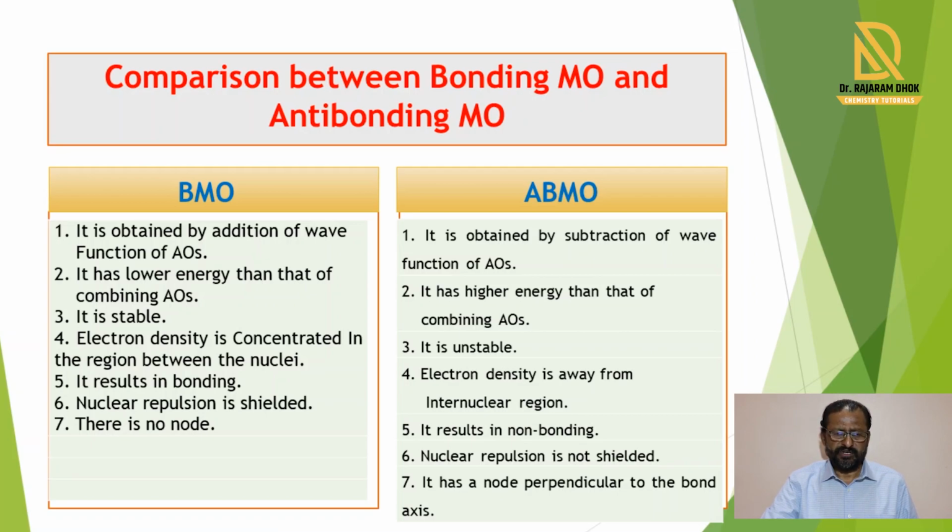Bonding molecular orbitals are formed by addition of the functions of atomic orbitals, while anti-bonding molecular orbitals are formed by subtraction of the functions of atomic orbitals. Means simply, in the bonding molecular orbital there is addition of atomic orbital functions, and in anti-bonding molecular orbitals there is subtraction.